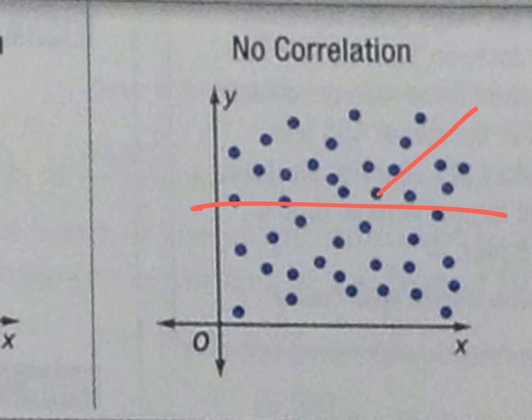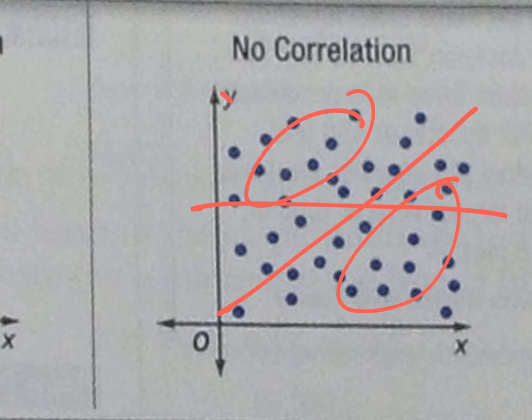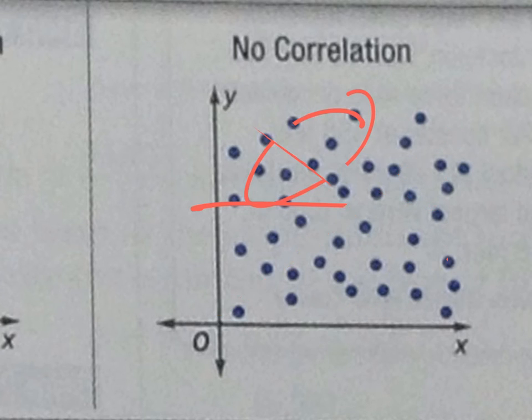But then again, if you drew it this way, you'd be dividing the dots perfectly on top and bottom. Or if you drew it this way, same thing. So there is no obvious line that best fits that would represent this group of data. In other words, there is no correlation. There's no real relationship between the data that you just graphed on the XY plane.